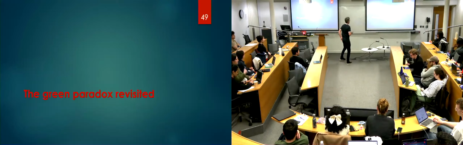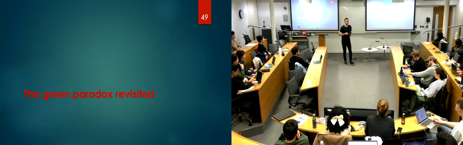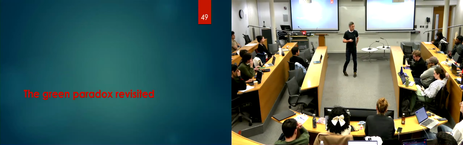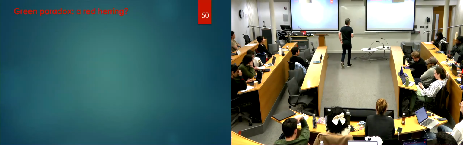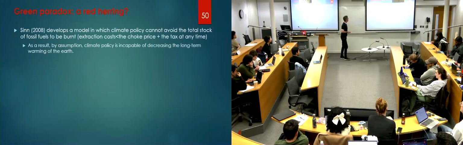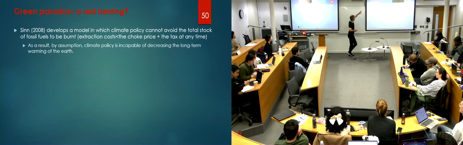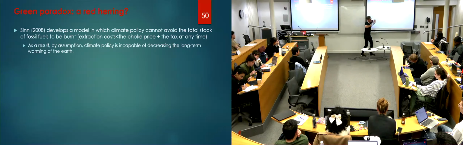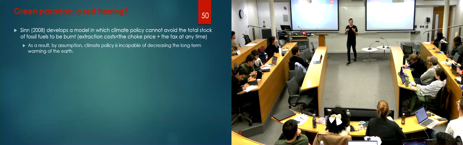Good. So, green paradox. We haven't seen that much about the green paradox. Let's go over it. The basic idea is, if you start with climate policy, you create an incentive for earlier extraction.